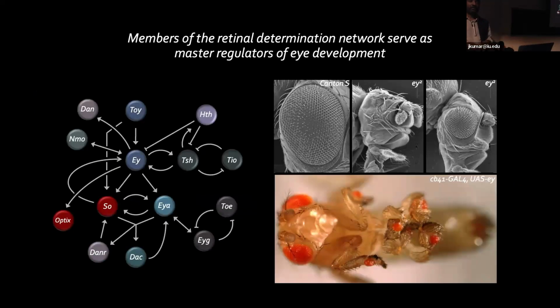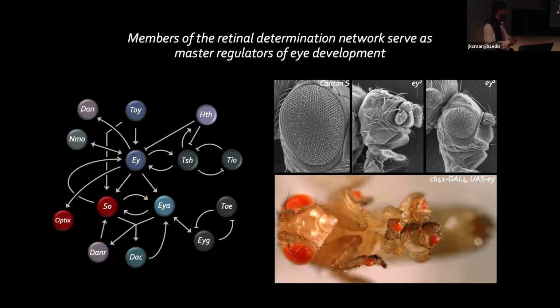What makes this network interesting is both its loss and gain of function phenotypes. If you knock out any individual member of this network, you will have dramatic reductions in the compound eyes. You will either lose them completely or they'll be reduced pretty strongly. The more exciting feature, however, is what happens when you overexpress them.